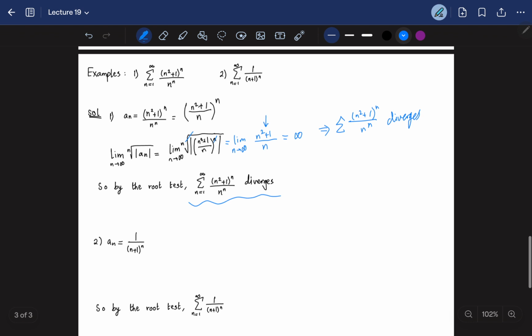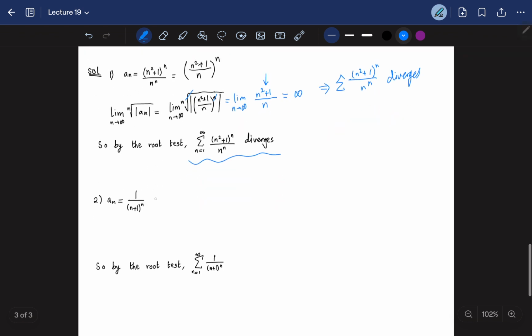Now for the second example, let's rewrite our a_n as 1 over n plus 1 all to the n, because 1 to the n is always 1. So we can have an exponent 1 here and just combine it into 1. And then if we take the limit, we can cancel the nth root with the exponent n.